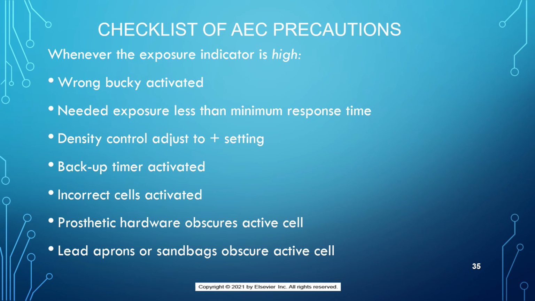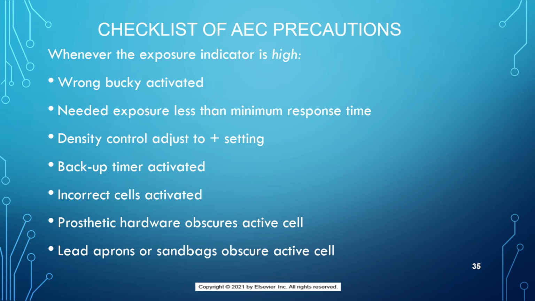Okay. Prosthetic hardware. Did you ask? Because I just told you, just 5 minutes ago, I told you to ask. Okay. If they've got an artificial hip and you AEC it, and it looks like all the soft tissue is burnt out, you can see the prosthetic. That's a nice white color, right? But you can't see the acetabulum, you can't see any of the pelvis, you can't see any bowel gas.